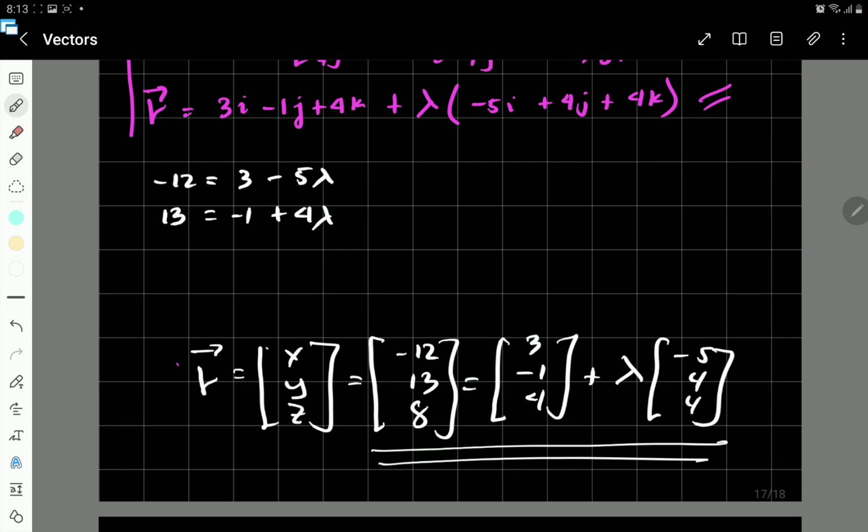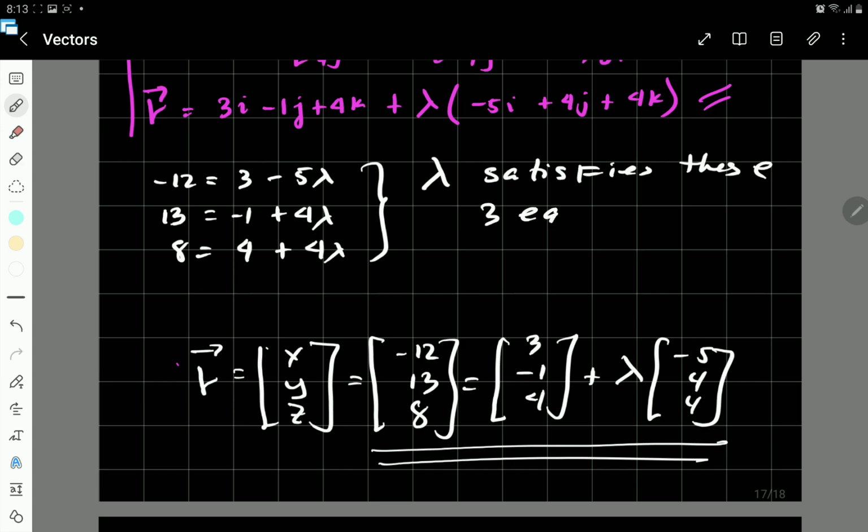And then you have 8 is equal to 4 plus 4 lambda. So if you are able to get a lambda that satisfies these three equations, then the point negative 12, 13, 8 lies on the line.